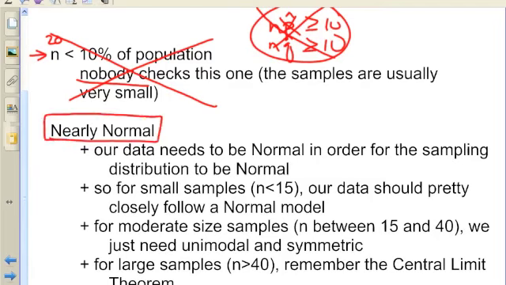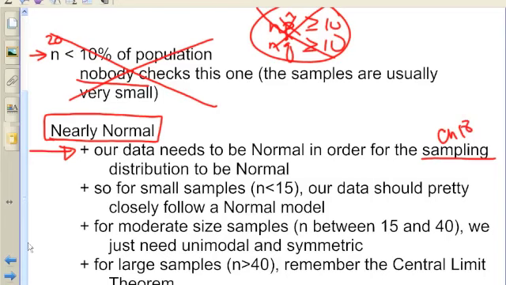In order for us to use the t-distribution, which is really close to normal, our data needs to be normal. That goes back to this idea of sampling distribution, which we learned about in Chapter 18. So in order for a lot of these assumptions to work, our data needs to be normal.